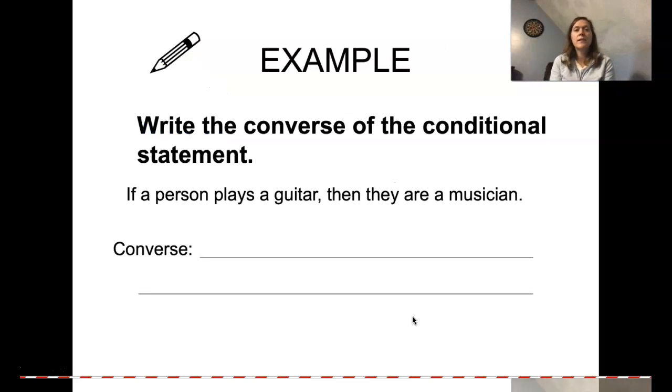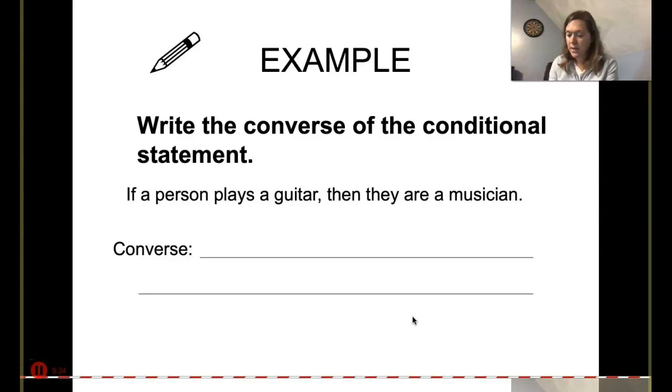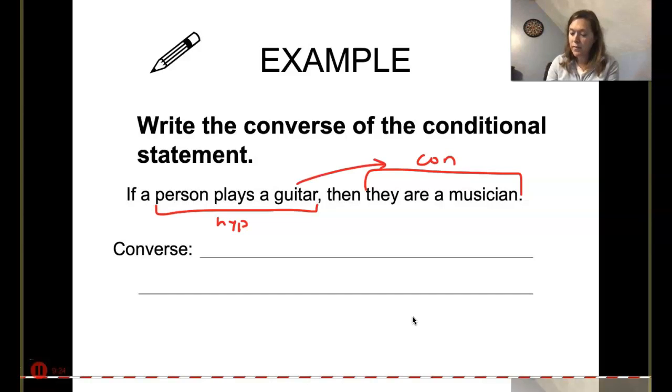Okay, so let's go ahead and do an example here. Here we have the conditional statement, if a person plays a guitar, then they are a musician. So, what is my hypothesis? Well, my hypothesis is a person playing the guitar. Your conclusion is that they are a musician. So now I'm going to flip-flop those and write it out, and again, try to have it be grammatically correct.